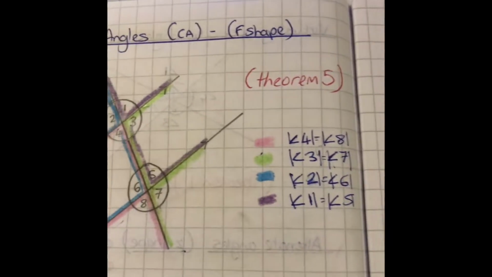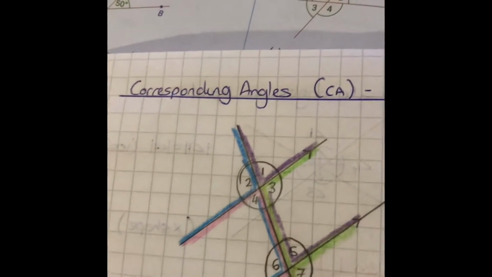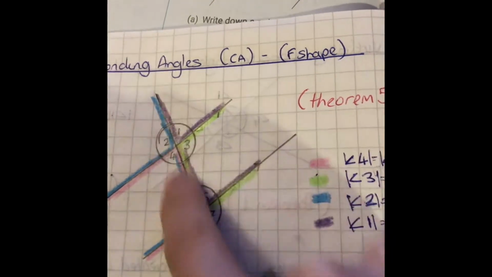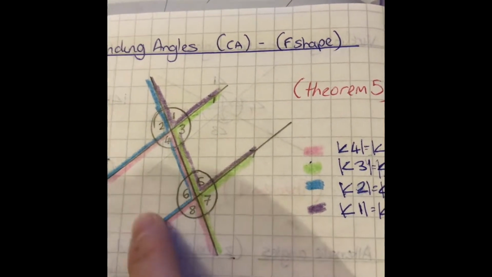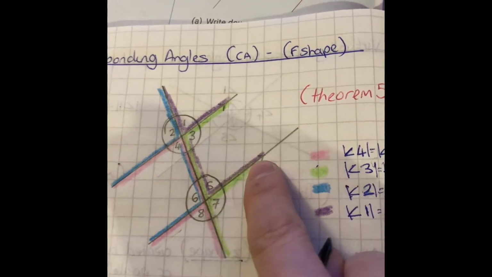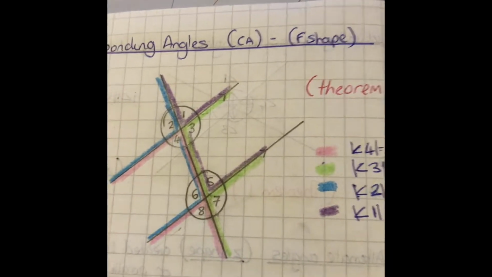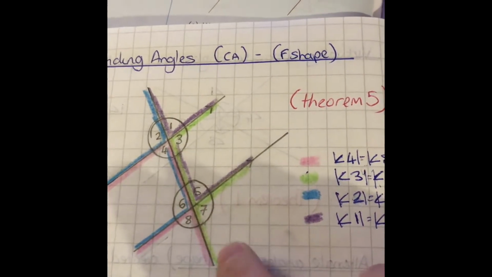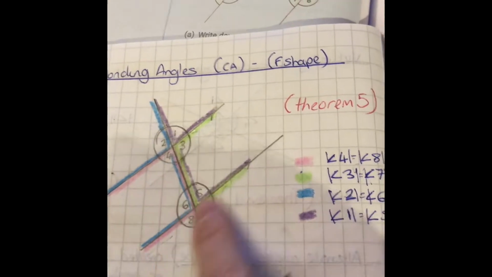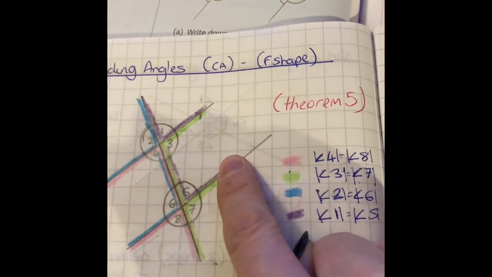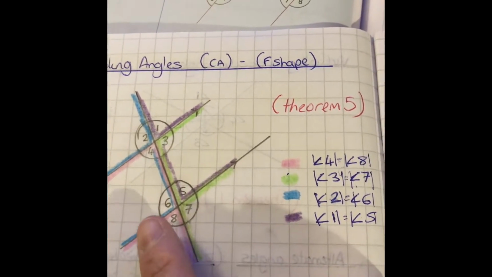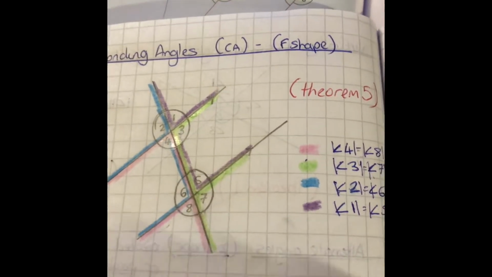And then we looked at Theorem 5, which was regarding corresponding angles. So the same thing again, we've got a transversal line that cuts, intersects two or more, creating each time a set of four angles. And at this time, rather than looking for the Z's or looking at the X, we look at these F shapes, so in other words, we look at what angle corresponds for each set of four.